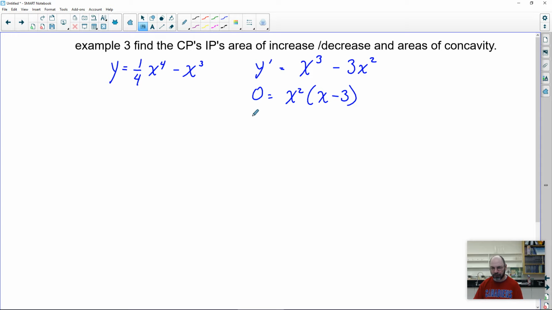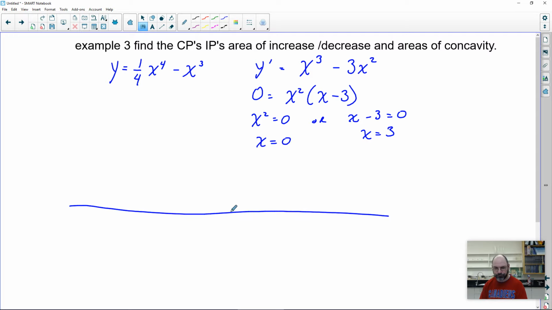So we have a critical point where x squared equals 0, or x minus 3 equals 0. So x equals 3, or x equals 0. So we have our two critical points, so we can do our 0 here and our 3 here, for the first derivative test telling us whether it's increasing or decreasing.